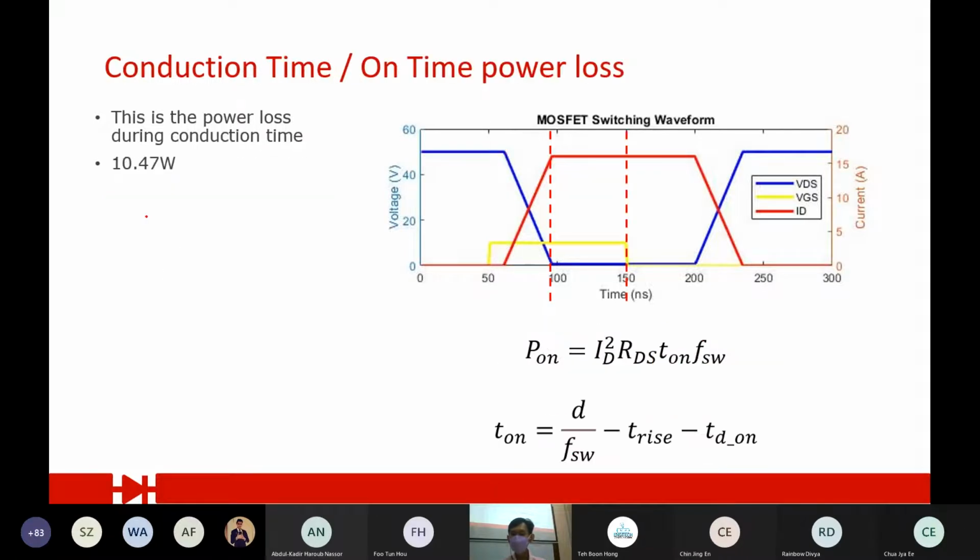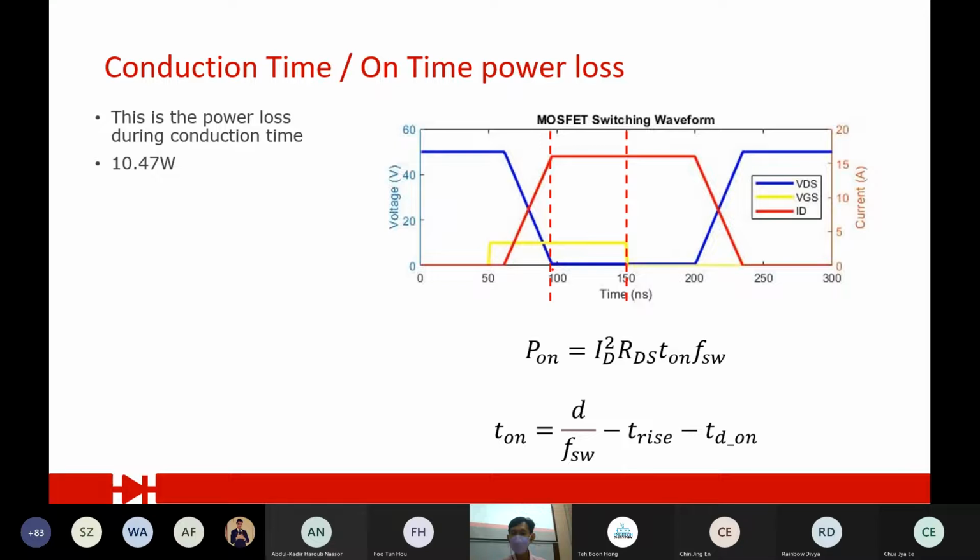Now we move on. Now next is the conduction time. Conduction time means the time when the power is on, because they already turned on, right? So conduction time is pretty much easier to calculate because we know it's a rectangular waveform already.